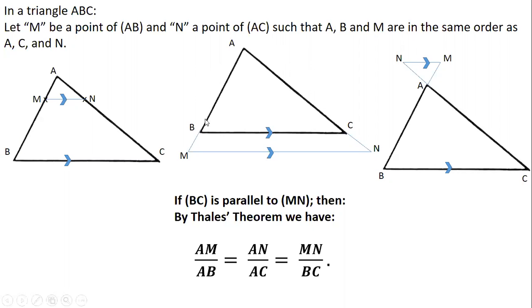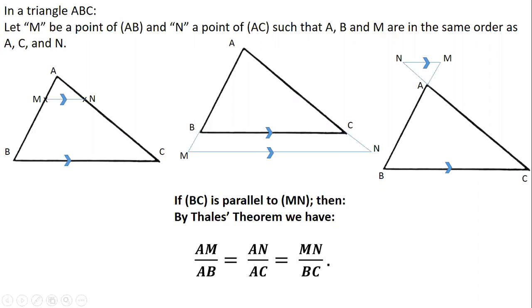AB over AM is equal to AC over AN is equal to BC over MN.